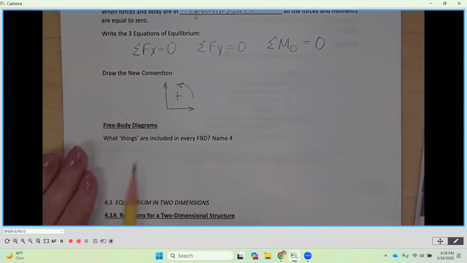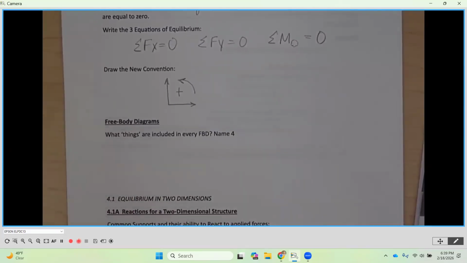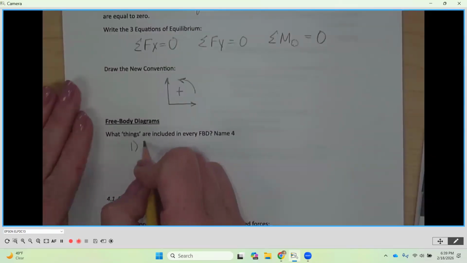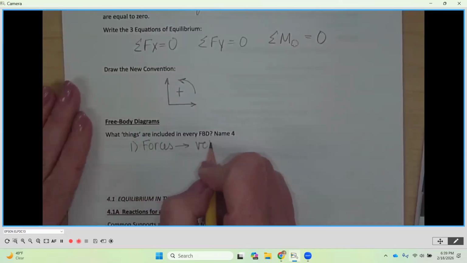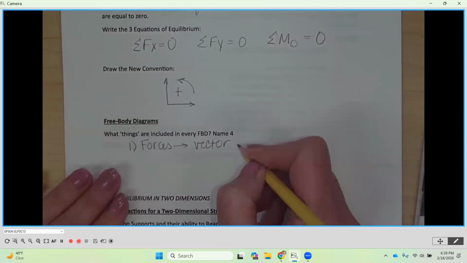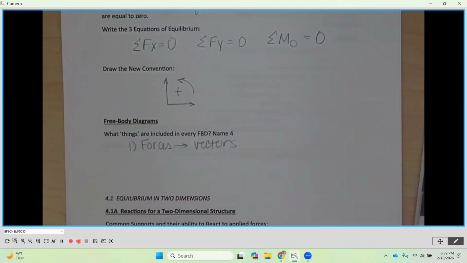So when we do a free body diagram, there are some essential things that we need to make sure that we include. Number 1, all forces, and that's going to be represented as vectors. That means that if we're showing a force, it has to have a line and an arrowhead because that arrowhead lets us know what direction it is going in.